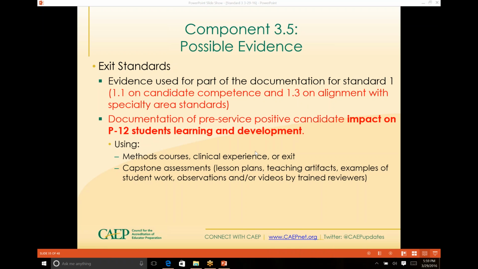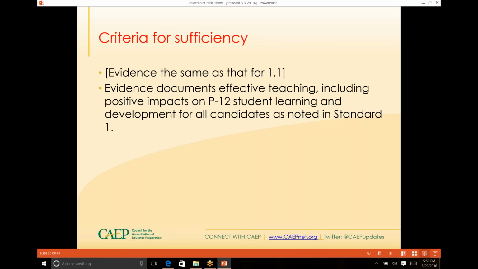Okay? Let's go to the next slide here so that you can see what's the criteria for sufficiency. First bullet, evidence that's going to be the same as you might have for component 1.1, but also evidence that documents effective teaching. And this strongly includes positive impacts on P12 student learning and development for all candidates.